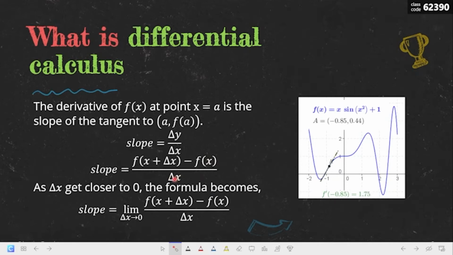Since we are deriving at point A, we need to make this delta x closer to 0. So the formula becomes slope equals the limit of [f(x plus delta x) minus f(x)] divided by delta x as delta x approaches 0.